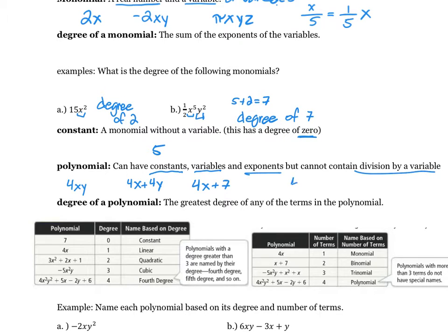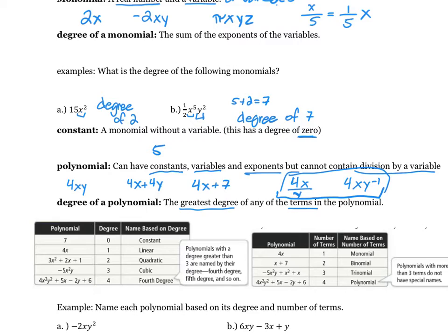So what would not be a polynomial would be 4x divided by y, or 4x y to the negative 1. Because that y to the negative 1 is actually putting the y in the denominator, and we don't want to divide by a variable if we're calling it a polynomial.